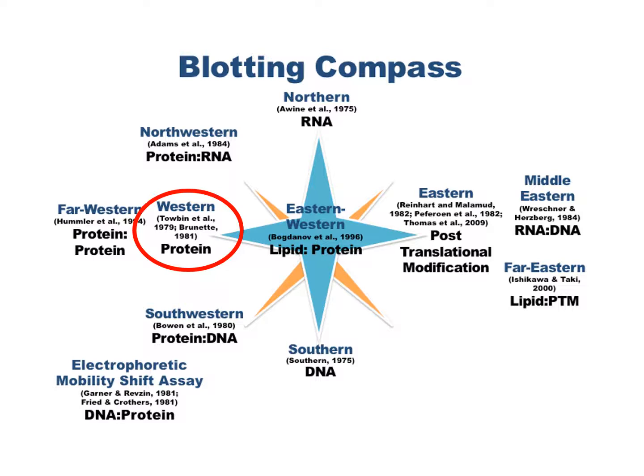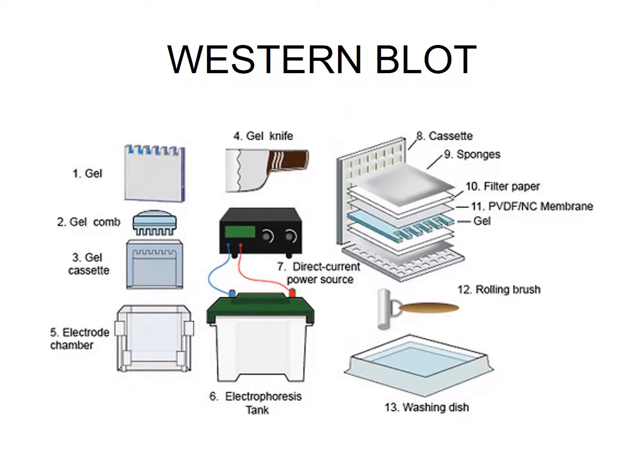A guy named Tobin developed this with Burnett, but Tobin actually developed the transfer method, and we call the transfer buffer the Tobin buffer after Dr. Tobin. So this is a typical breakdown, a deconstruction of a Western blot. Number one, that gel is a polyacrylamide gel.